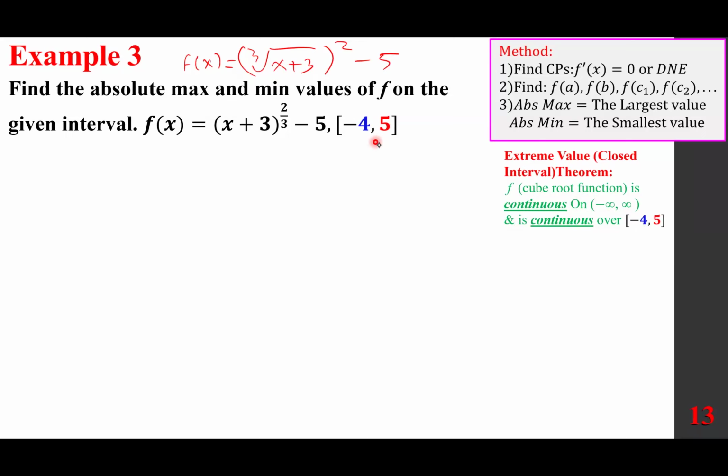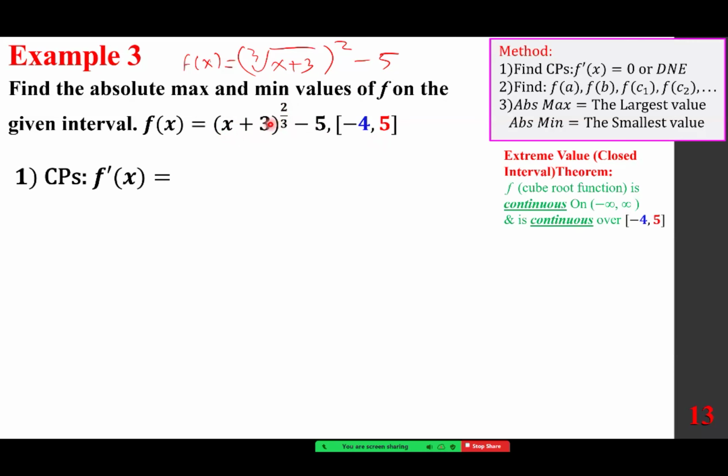All right, so let's take the derivative of that, f prime of x. To take the derivative, this form is easier than the other one. So we're going to write 2/3 times (x plus 3) to the power of 2/3 minus 1.